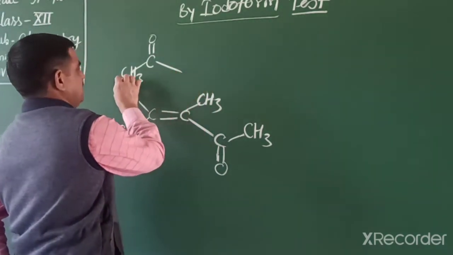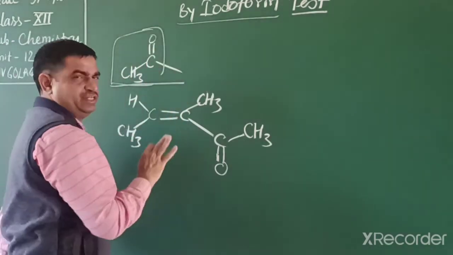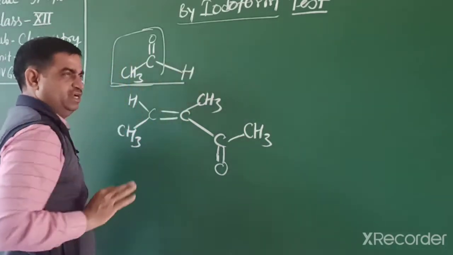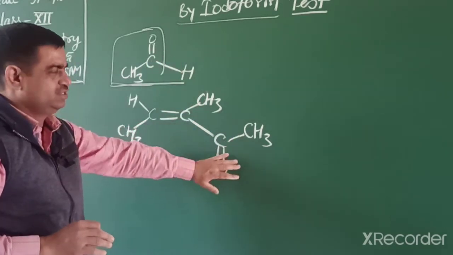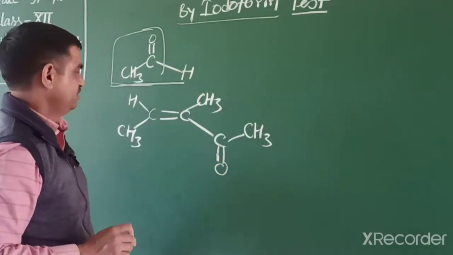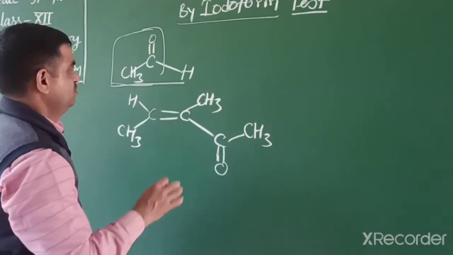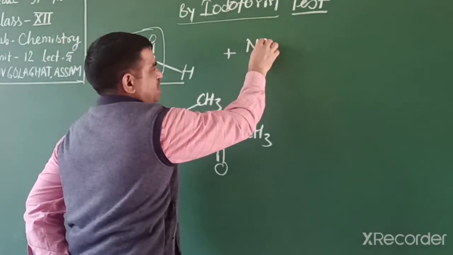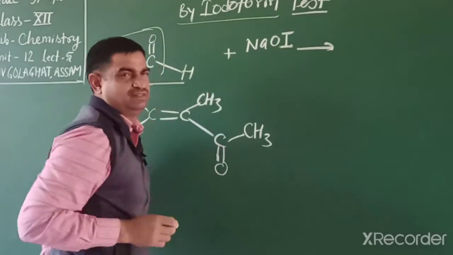Among aldehydes only ethanal can be distinguished by this reaction, and methyl ketones can be distinguished, and it does not affect multiple bonds also. The reagent we take in this reaction is sodium hypoiodite.